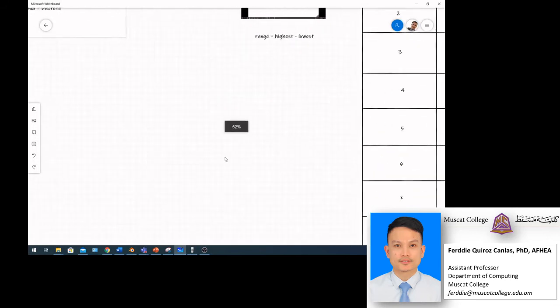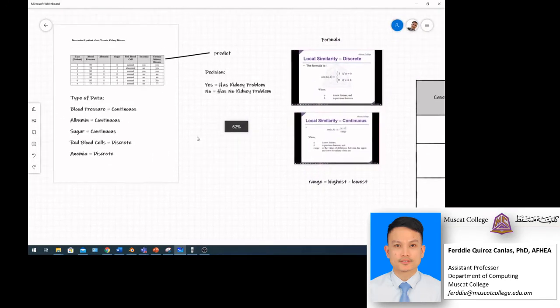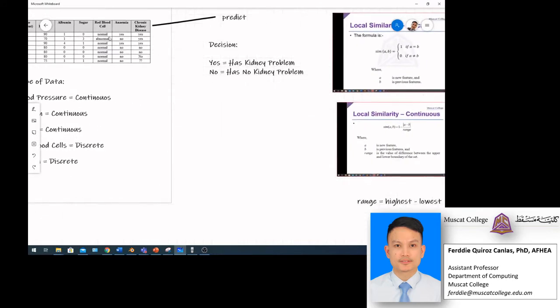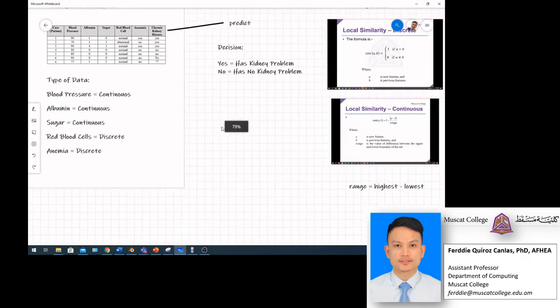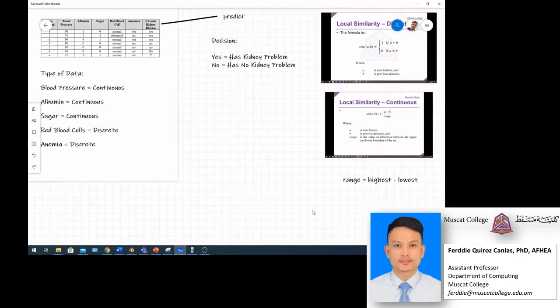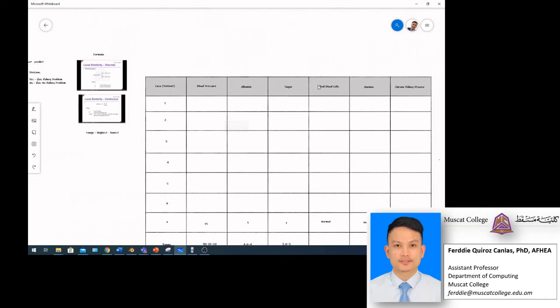How about for red blood cells? Do we need to calculate the range for red blood cells? We don't need it, right? Because you cannot subtract abnormal from normal, so we don't need a range here. How about for anemia? Do we need the range here? Also no, we don't need a range for discrete values.